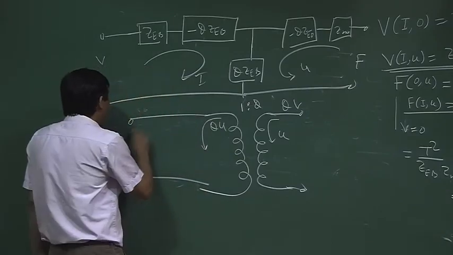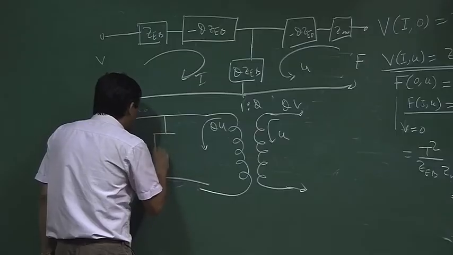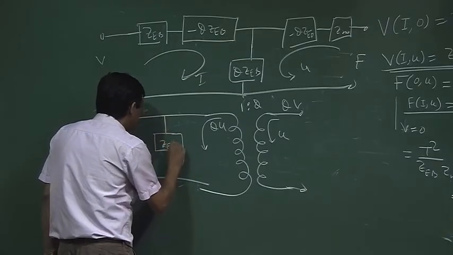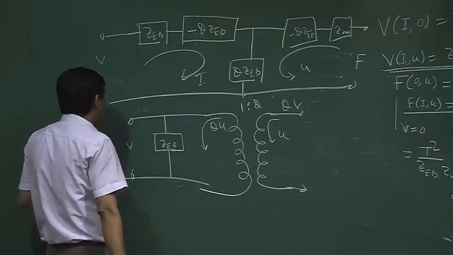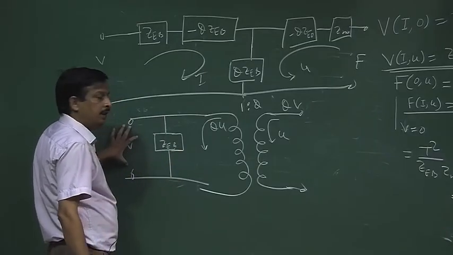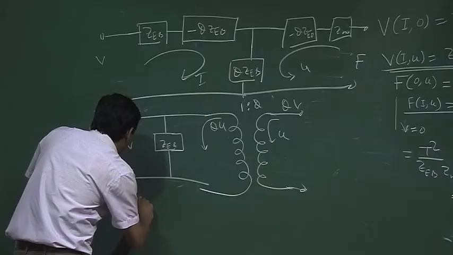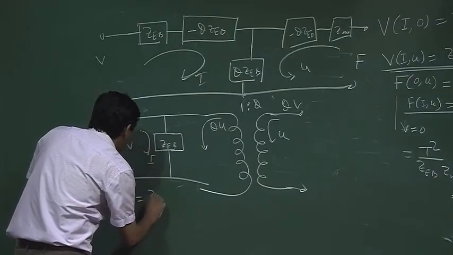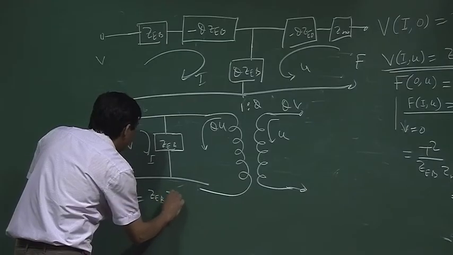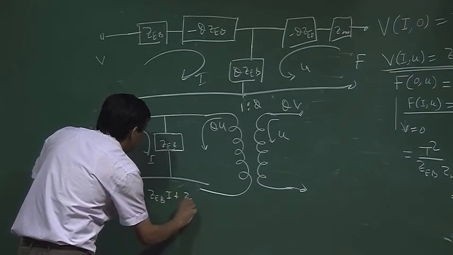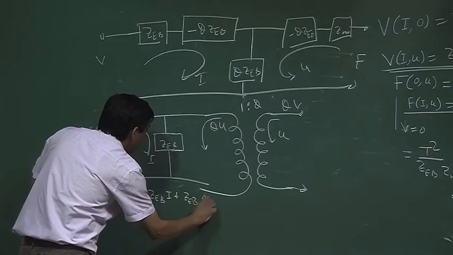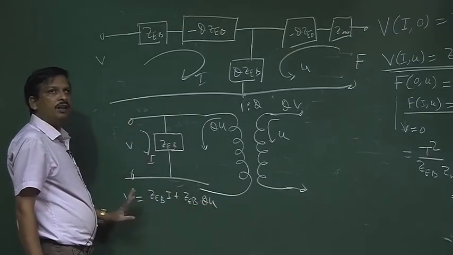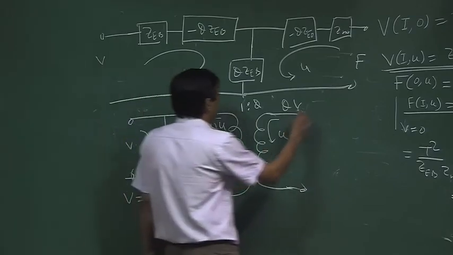Now, for the voltage V, let us put an impedance here which is ZdB. So, voltage V is nothing but, if current I is flowing here, ZdB into I plus ZdB into phi U, which is standard by the first equation. Done.